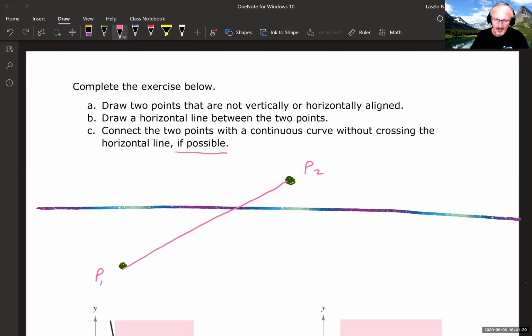This can be done by just connecting with a straight line, or we can be a little bit more ingenious and then make that connection. But in any case, it doesn't matter how I do this. We end up with the connecting curve crossing the horizontal line that we drew. And that's really the gist of the intermediate value theorem.